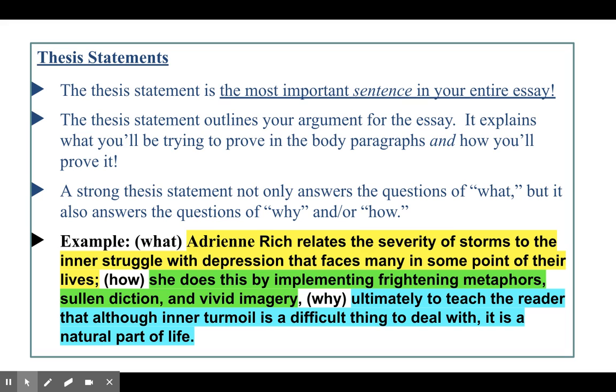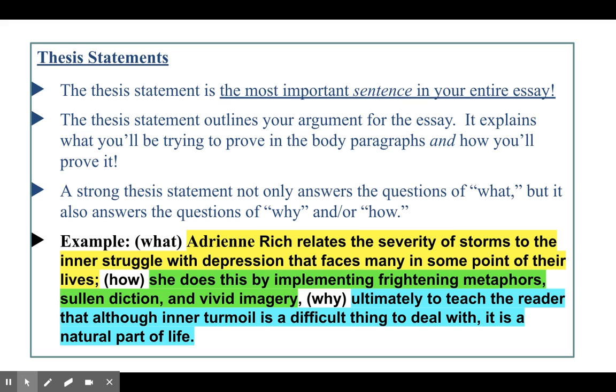This is an example from an essay I received that was written on a poem by Adrienne Rich. The what is highlighted in yellow. Adrienne Rich relates the severity of storms to the inner struggle with depression that many face at some point in their lives. So that's answering the prompt, right? How? She does this by implementing frightening metaphors, sullen diction, and vivid imagery.